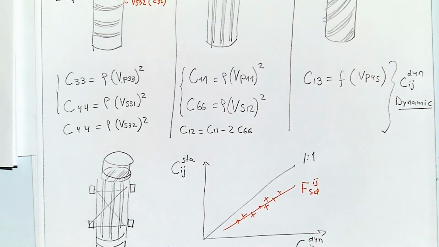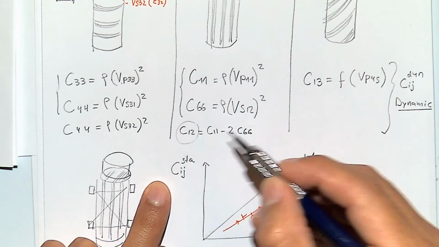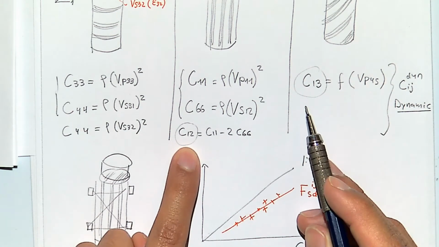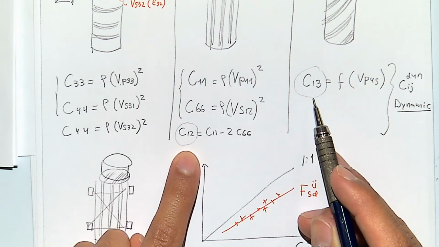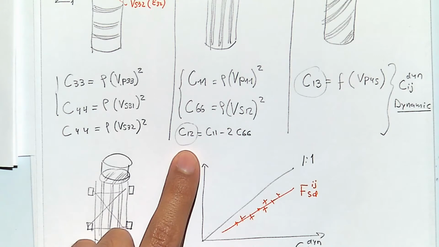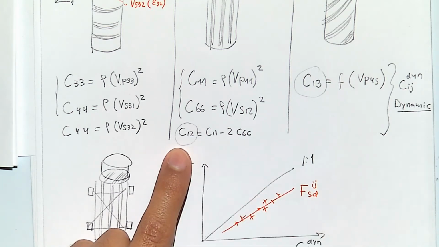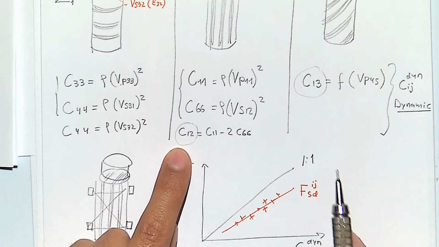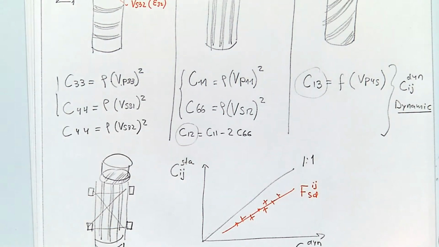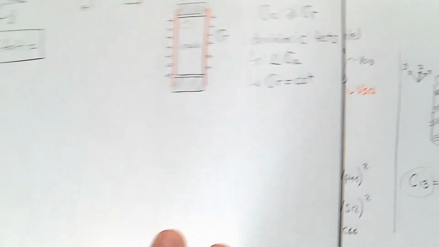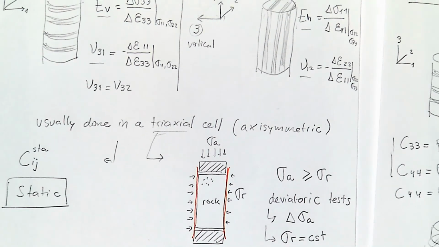So what you actually do is you make a plot of C13 as a function of C12. And let's say C13 is 1.2 times the value of C12 in the dynamic range. Well, then you use the same for the static.